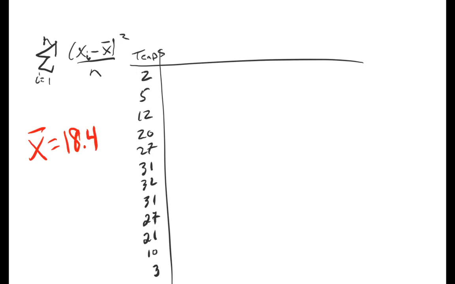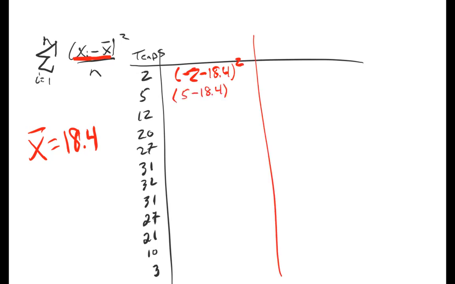So this says take your data value minus the mean and then square it. We're going to take 2 minus 18.4 and square it. Then 5 minus 18.4 and square it.